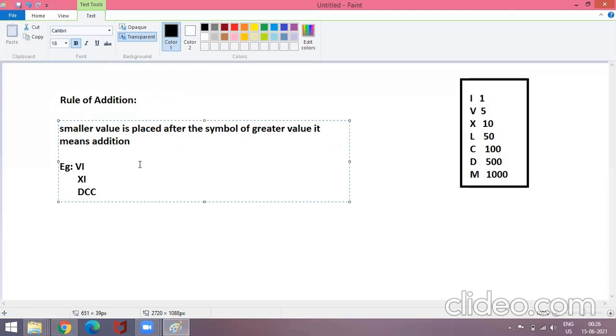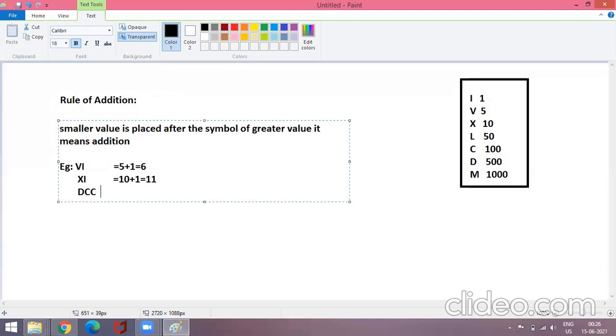VI, the greater value is V and the smaller value is I. Since it is placed after V, it is added, which is 5 plus 1, which is equal to 6. Correct? The next one. I comes after X. So it is added, 10 plus 1, which is equal to 11.